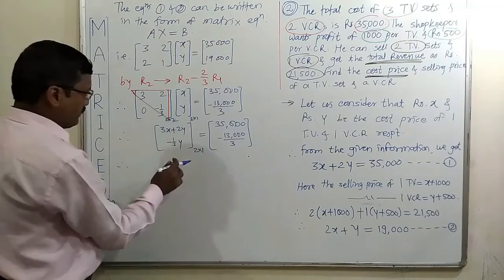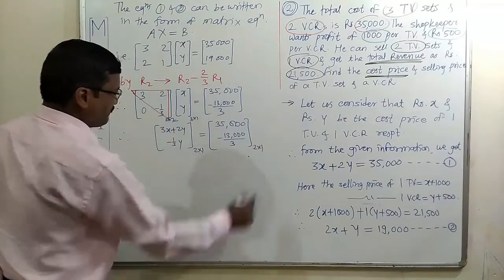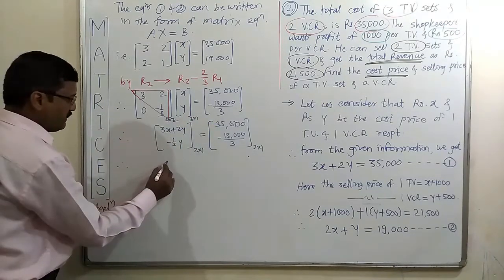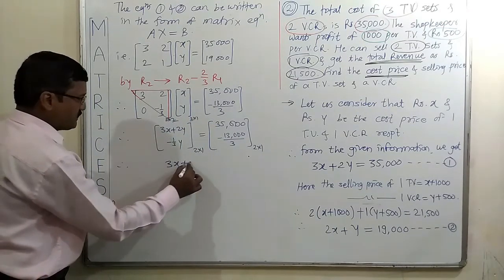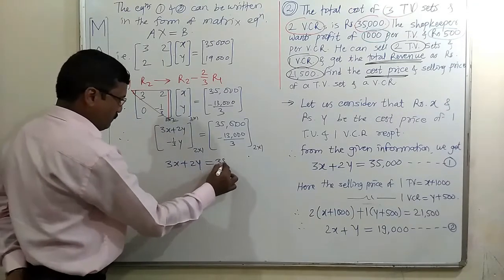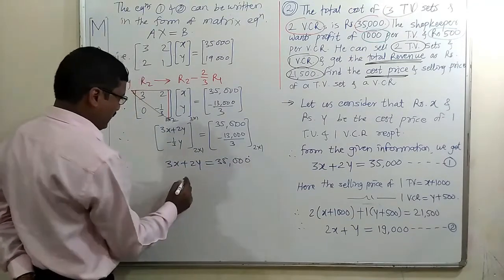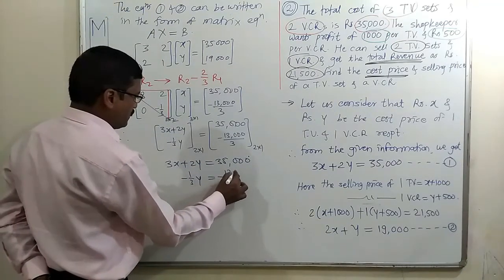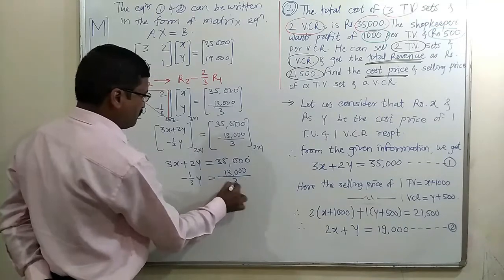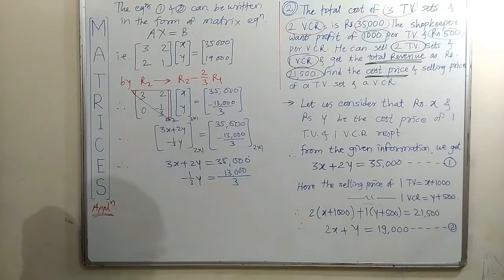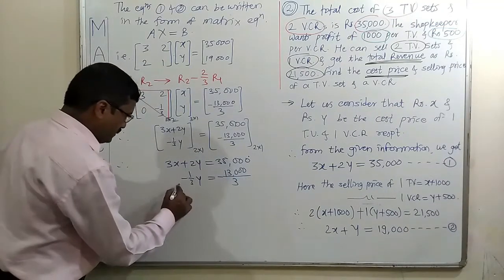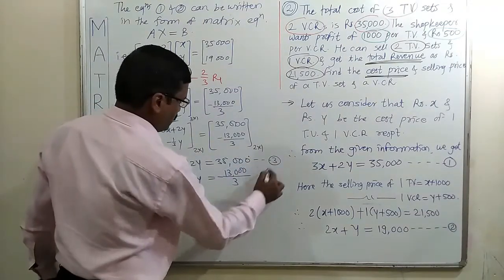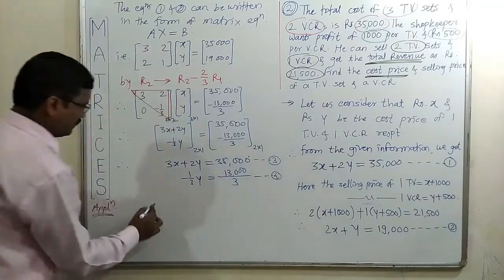Therefore, by equality of two matrices, because both matrices are of the same order, 2 by 1, we equate the corresponding elements. We get 3x plus 2y equal to 35,000 and minus 1/3 y is equal to minus 13,000 upon 3. From this we can get easily, you can give numbers here, equation 3, equation 4.